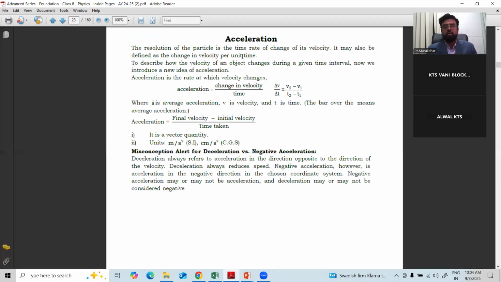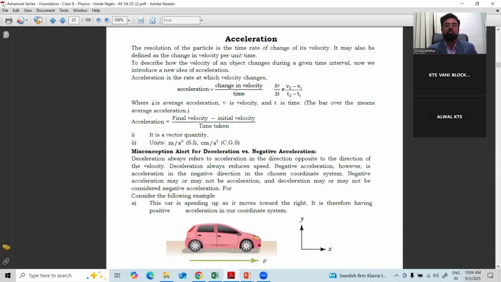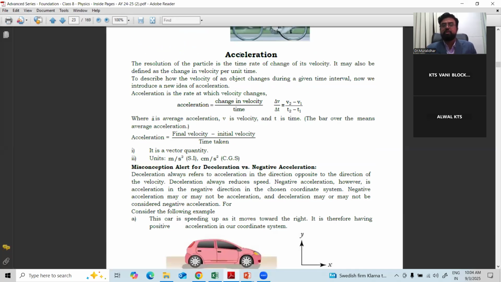As we move to today's topic, we are at page number 19 of our material, where we are starting acceleration. It's a common word, right? Suppose your father starts taking you to school by 2-wheeler or 4-wheeler.